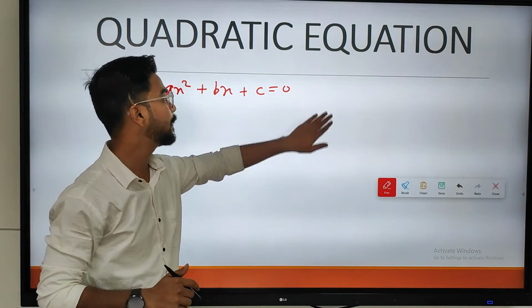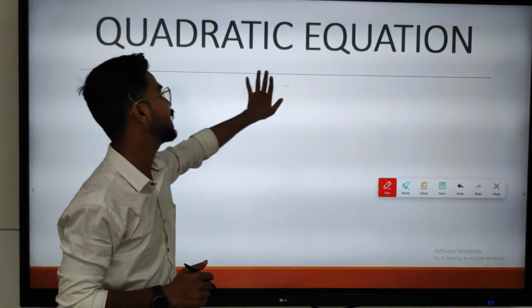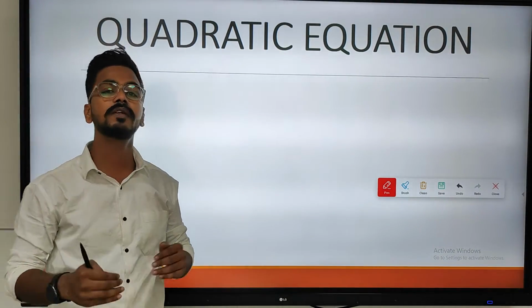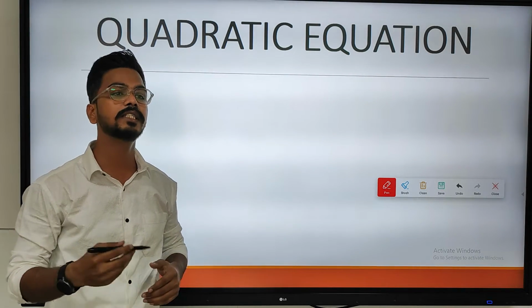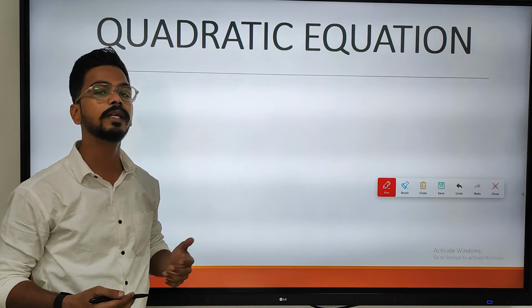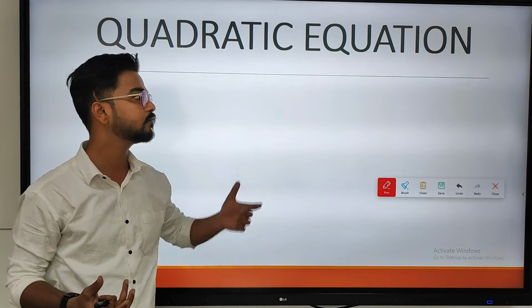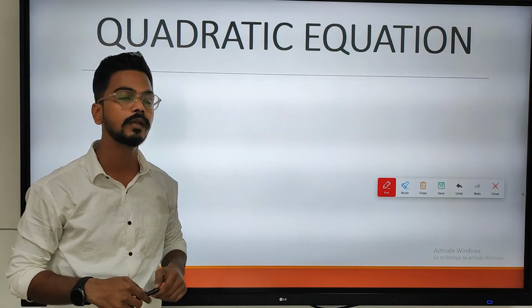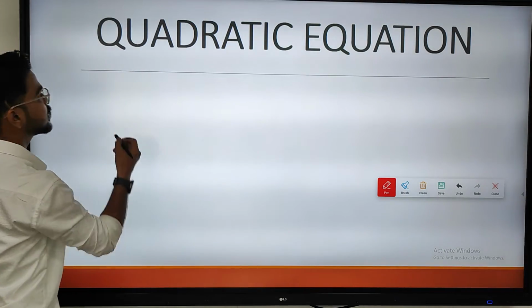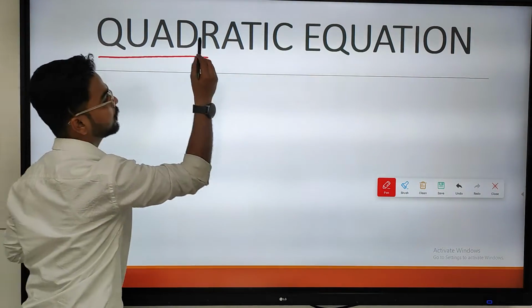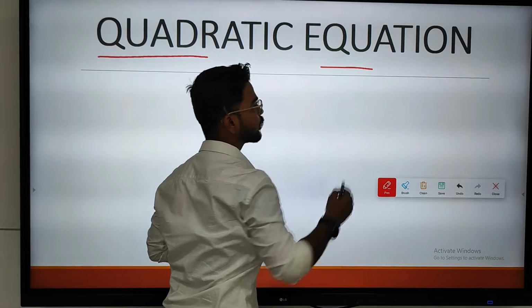Okay. Apart from this, there are various ways of solving this quadratic equation. There are various types of questions which will be coming in this chapter. We are going to deal with some important types of questions which will be coming in this chapter. Okay. Also few more things which we should remember while solving quadratic equation.